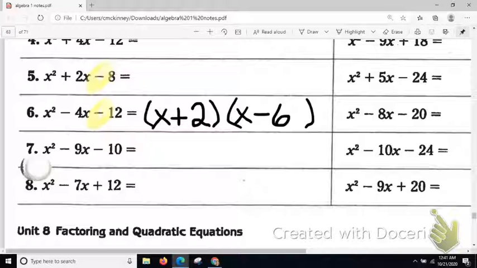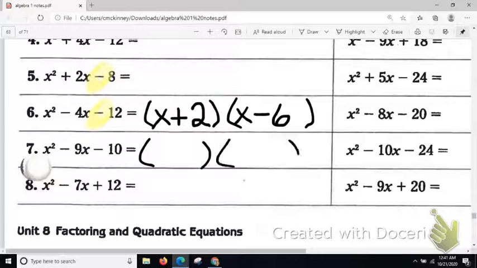So that would give me, think about if you did the whole FOIL process, your outside would be negative 6x. Your inside would be 2x. And those 2 would add together to give you negative 4x. And of course you get negative 12.